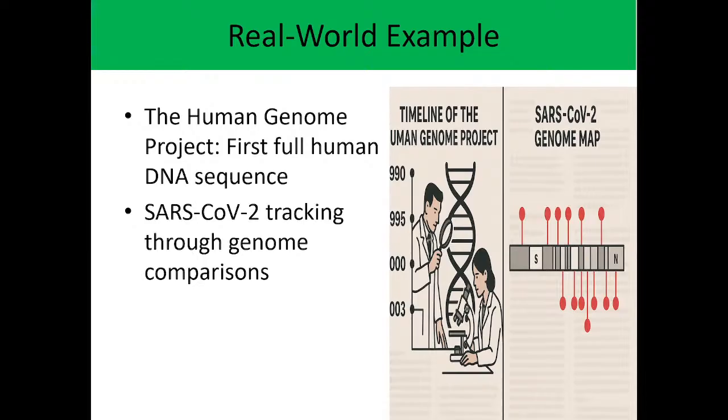As far back as the year 2003, all the genes in humans have been sequenced. It has been completed, and it is one of the real world applications of bioinformatics that has given us that opportunity.